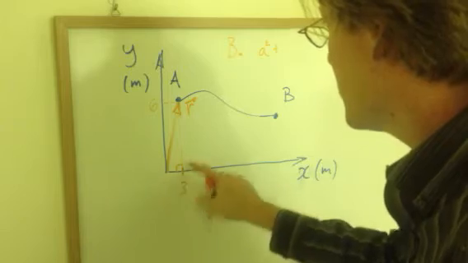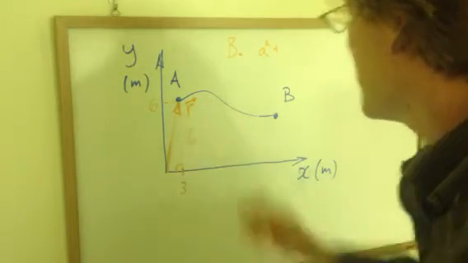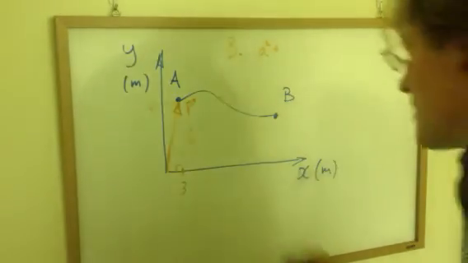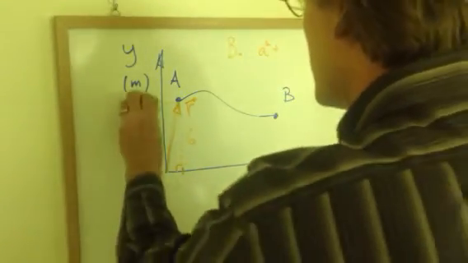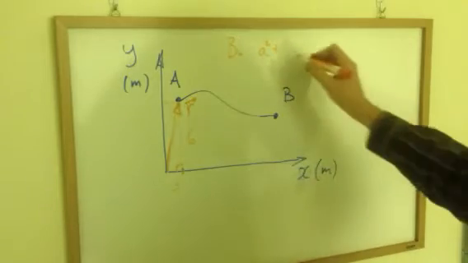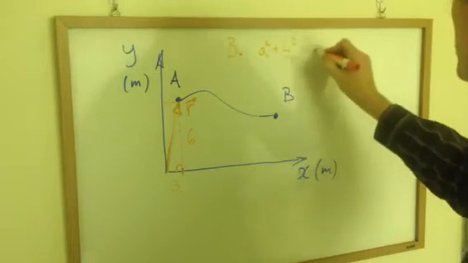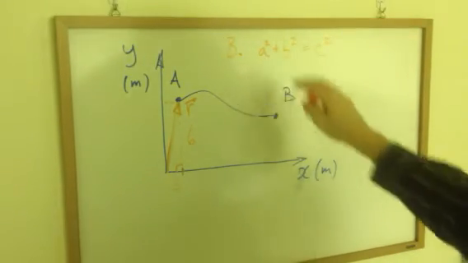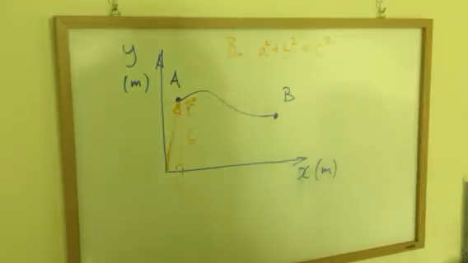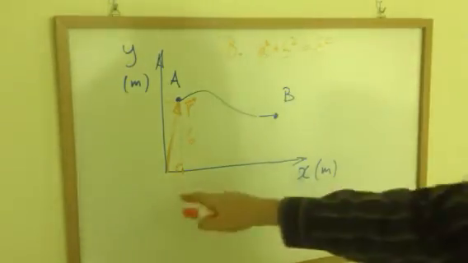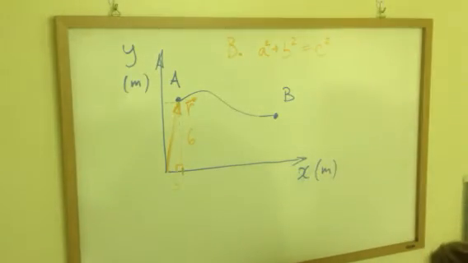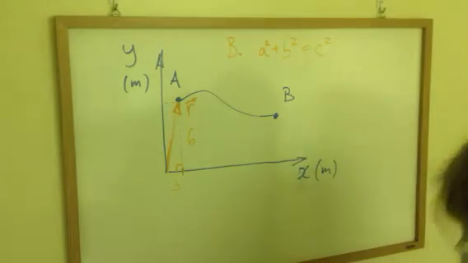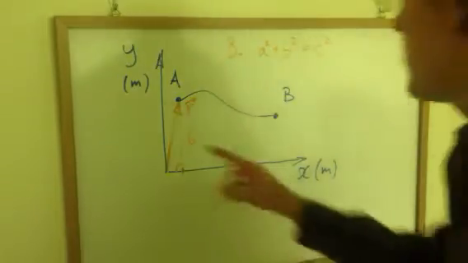There's the horizontal component, there's the vertical component. So the horizontal component is 3, and the vertical component is 6. So a squared plus b squared is equal to c squared. You can plug in your values there and take the square root, and you'll have the magnitude of this position vector.